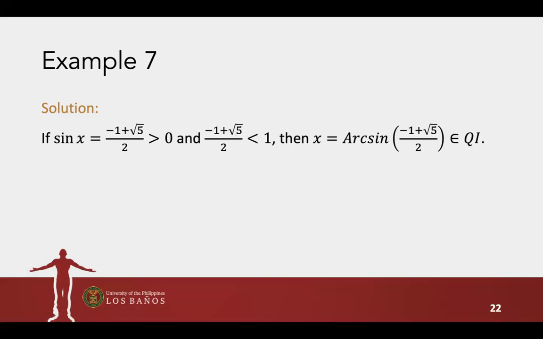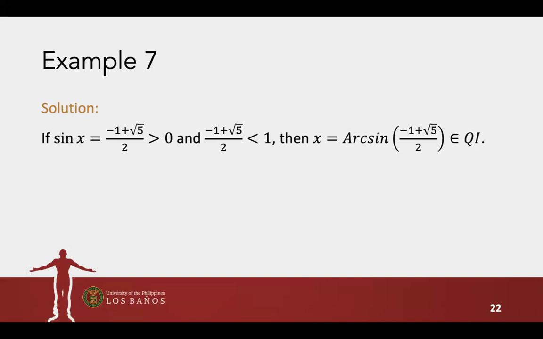So if you subtract 2 minus 1, that is 1. And then 3 minus 1 is 2. So that means the value of -1 plus square root of 5 is between 1 and 2. So if we have a number between 1 and 2, and we divide that by 2, then that means our number is in between 1/2 and 1.